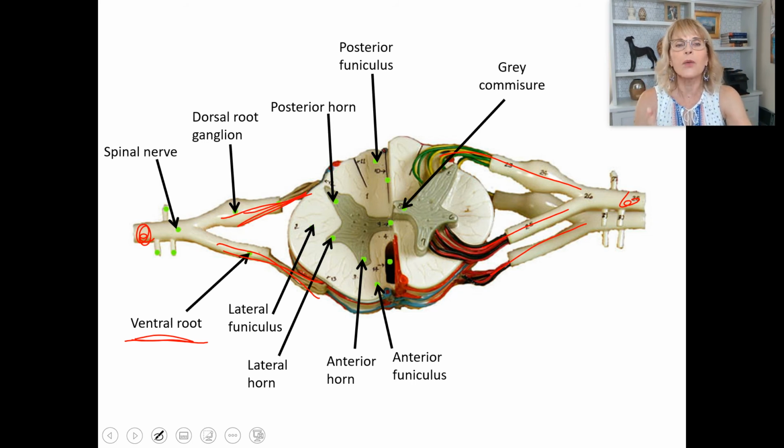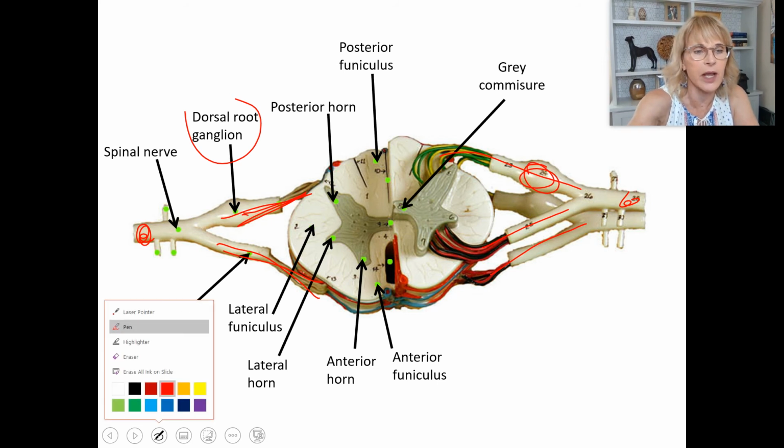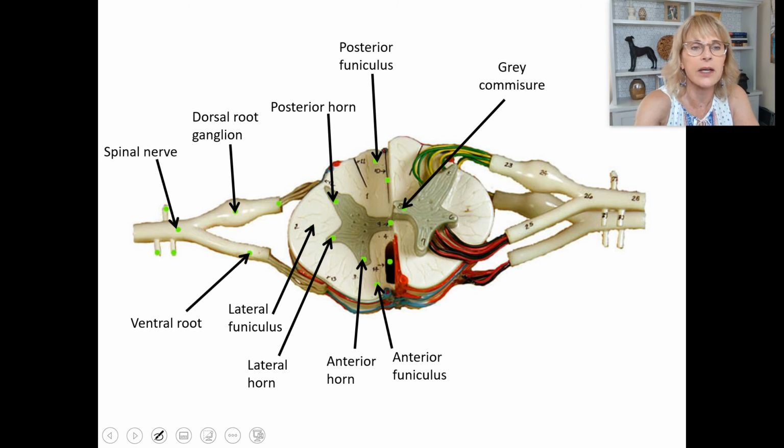You will always know which one's ventral and which one's dorsal because the dorsal root has this little ball area on it. Here, let me erase so you can see it a little more clearly, right? This little ball area is called the ganglion of the dorsal root.